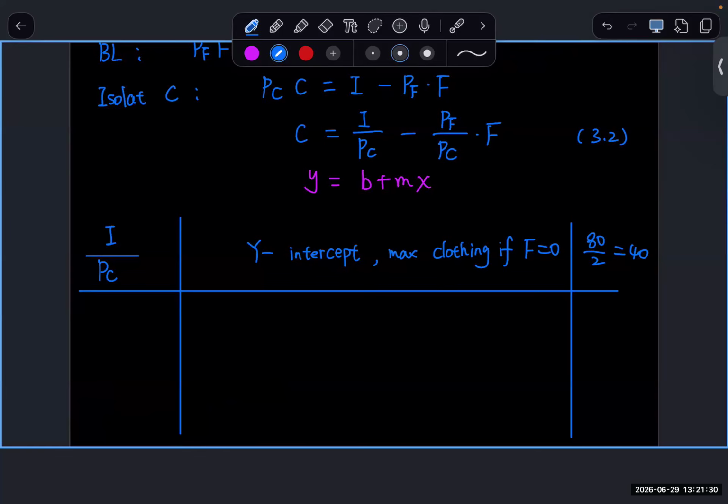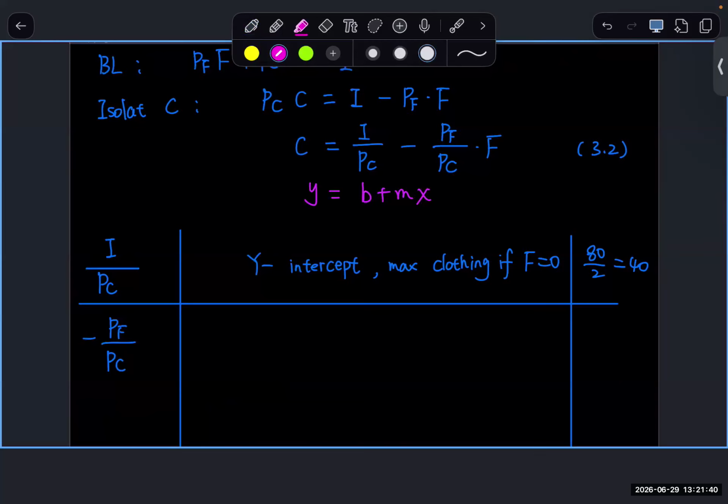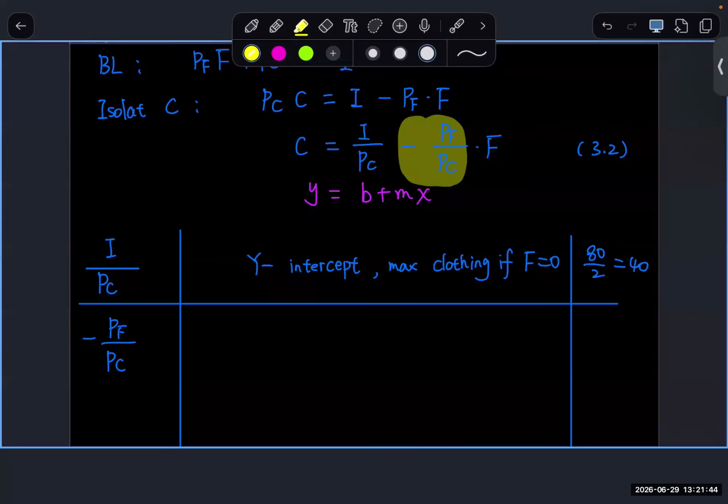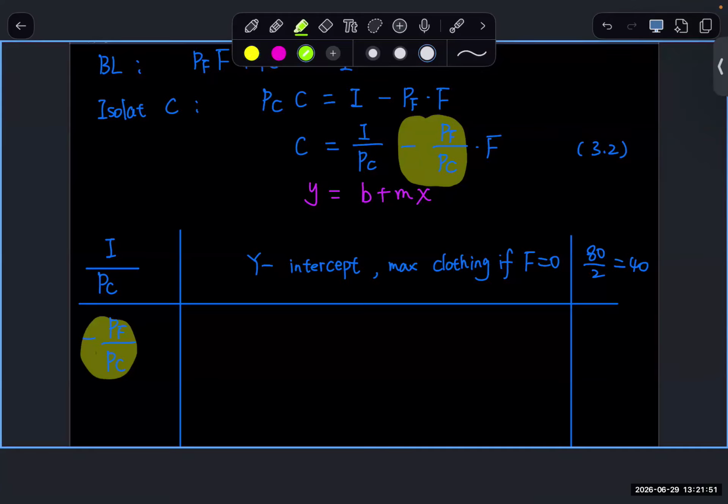Next one, negative PF over PC. What is this? What does it mean? This is the slope, right? In general, this is the slope. This is the intercept.